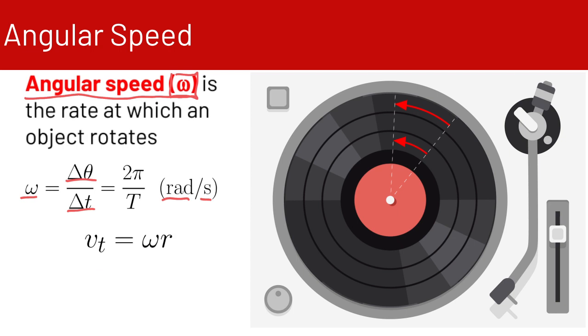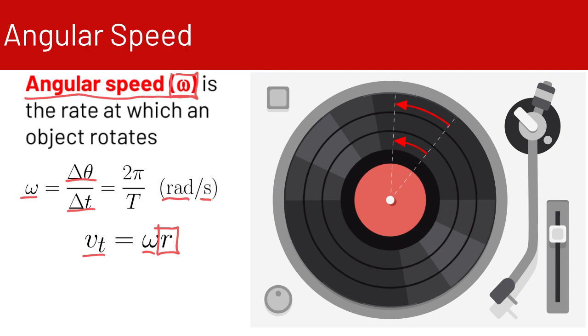And then finally, we can translate angular speed, omega, into tangential velocity by multiplying times the radius. So if we know the angular speed, so what's the angular velocity of something rotating, we multiply that times the position of the object on whatever is rotating, and that gives us the tangential velocity.